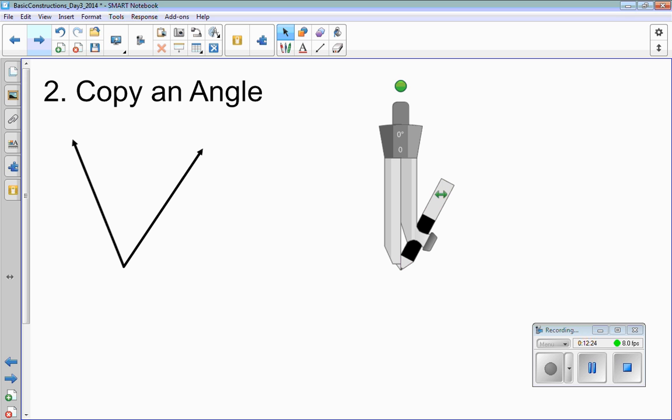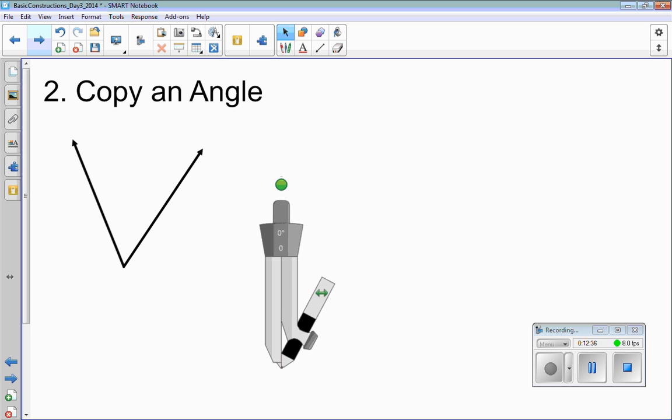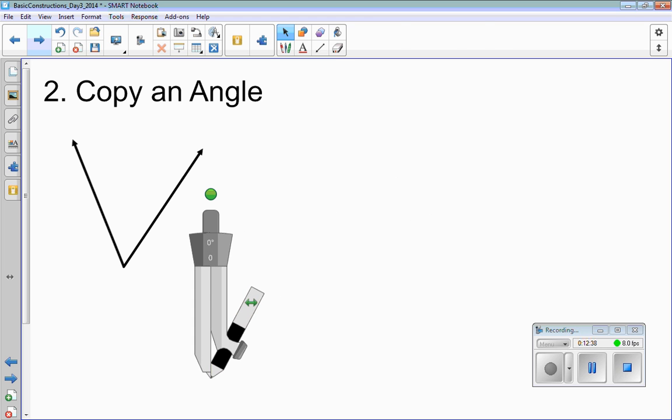All right. When we copy an angle, we want the degree measure of this angle to be exactly the same as the degree measure of the angle we're about to copy. So I'm going to start with some kind of ray. I'm going to make mine horizontal only because it makes it easier for me to orient, but you can make it any way you want.